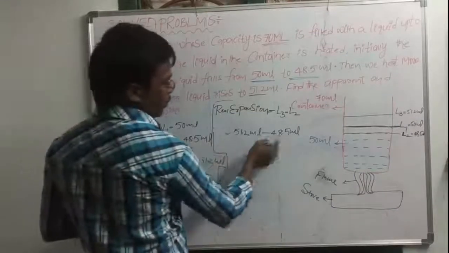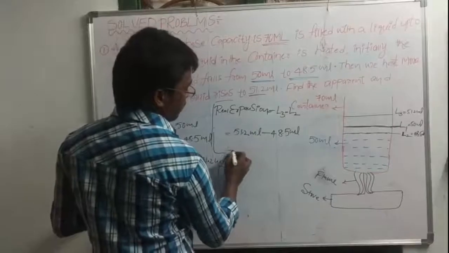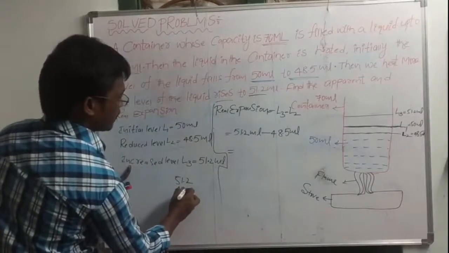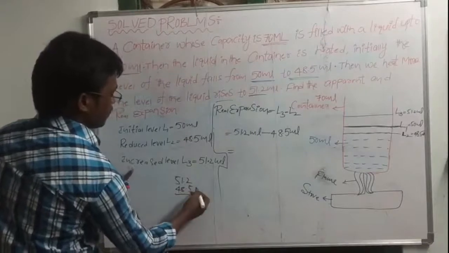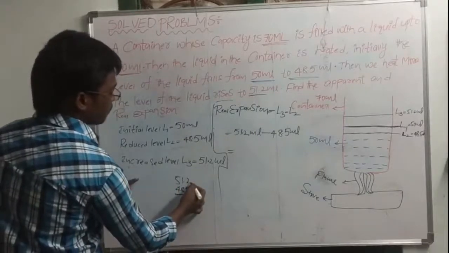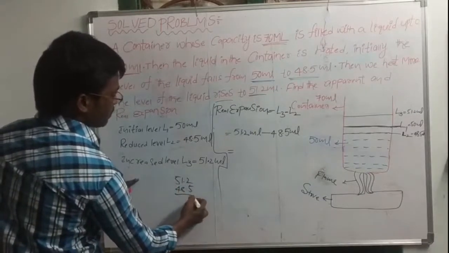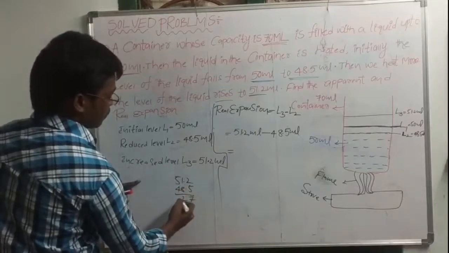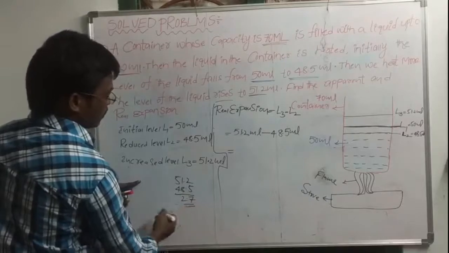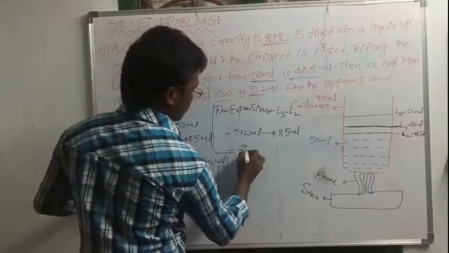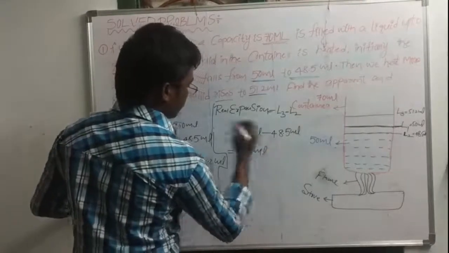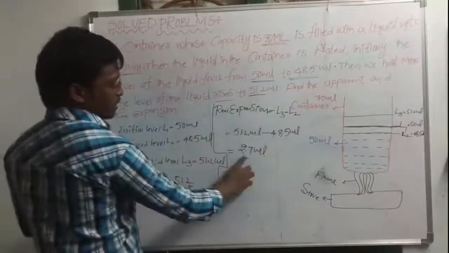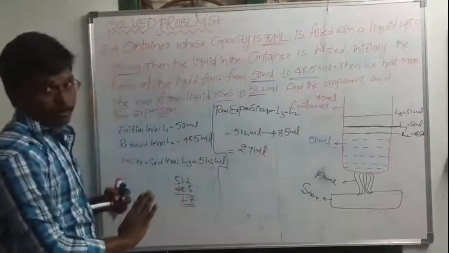Reduce it, 51.2 minus 48.5. What is the answer? 2.7 ml. Okay.